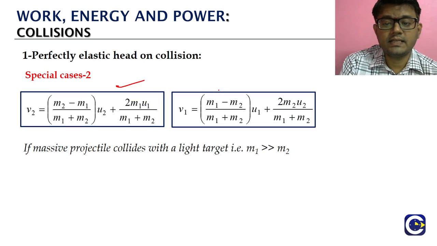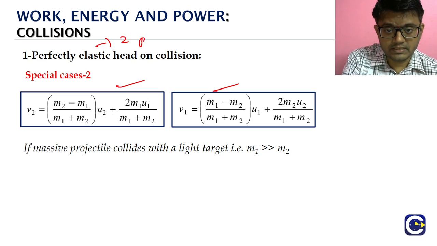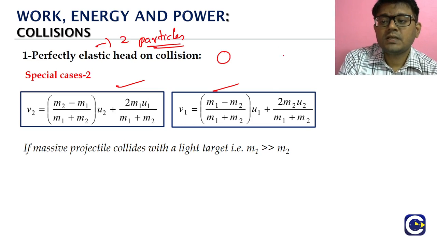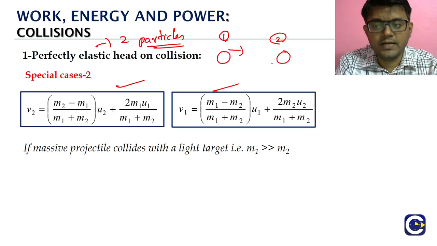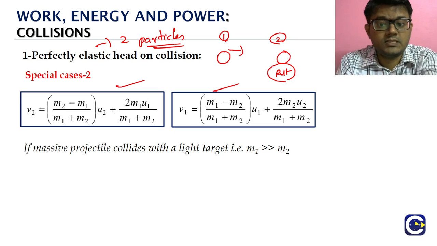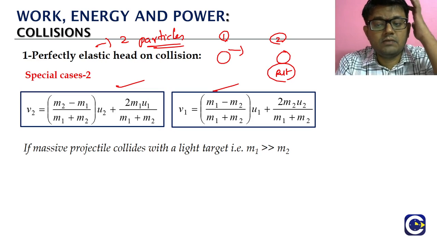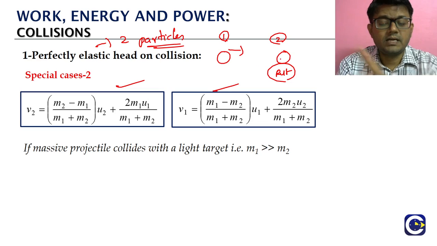So already we get the velocity expressions for V2 and V1, where we are looking at the collision between two particles or two objects. Generally, if you have particle 1 and particle 2, the one that is coming with a higher speed, while the other one is at rest, let's say particle 2 is at rest, then we will call particle 1 the projectile.